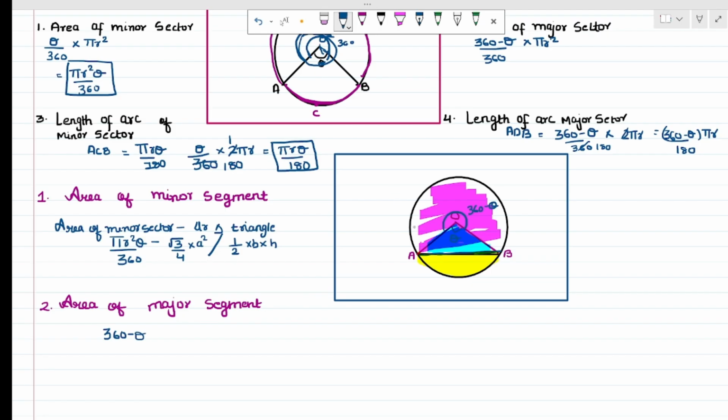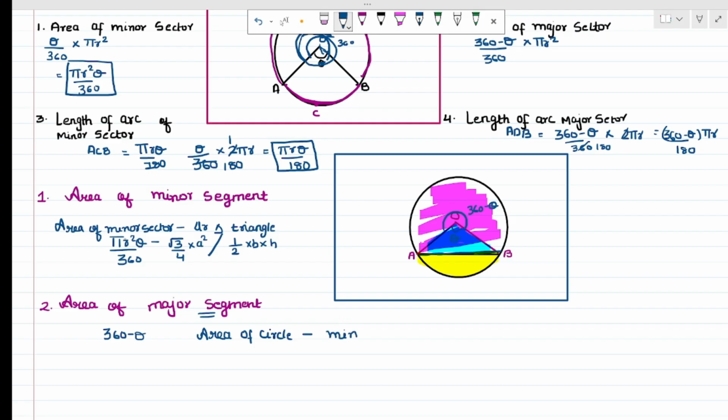Now, for the whole area of the major segment, you can see the largest part of it is a circle. So for finding out the major segment, you can write: area of circle minus minor segment. If I want to know this purple area, I subtract the minor segment from the area of the circle. What is my minor segment?